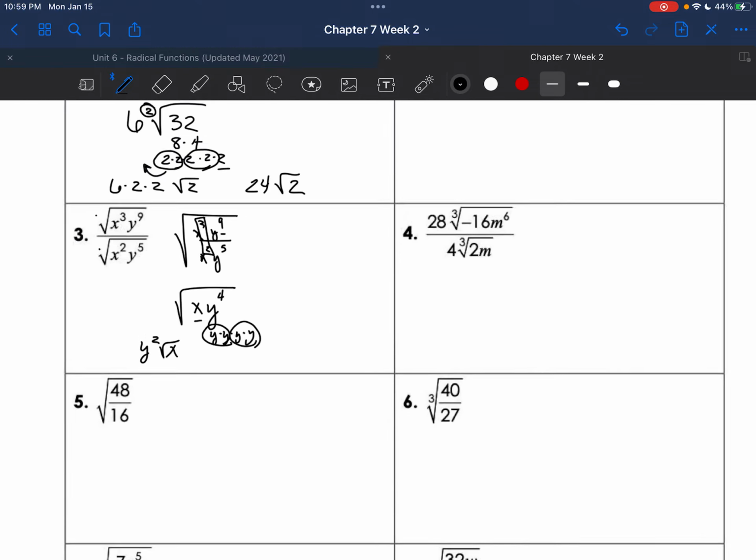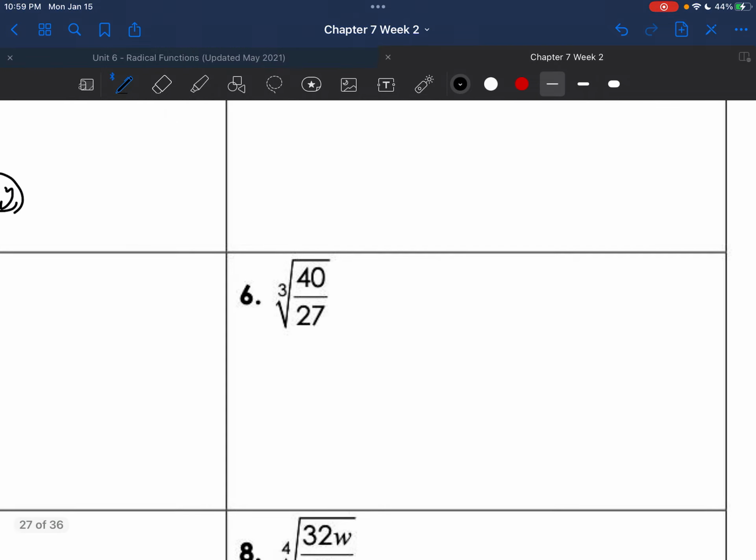So dividing, let's look at number 6. We'll look at the cube root here. I've got cube root of 40 over 27. Can we simplify 40 and 27? Well, 40 is 8 times 5, and 27 is 3 times 9.